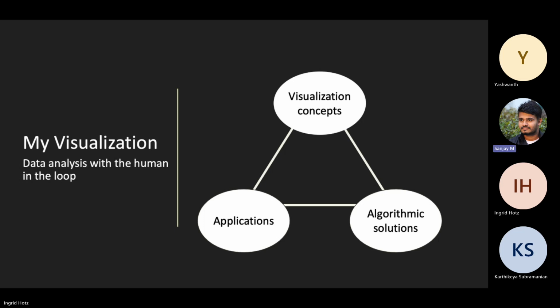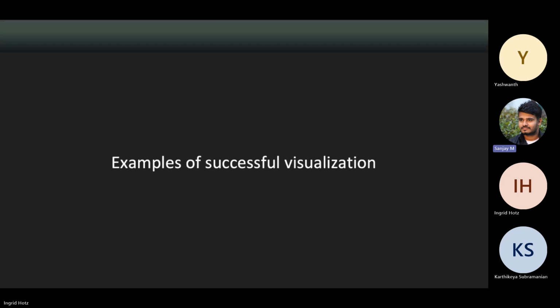Then most of the time we spend developing algorithms to find efficient, reliable, and robust implementations of what we develop in these concepts. What I will talk about today is only visualization concepts. We will not talk about algorithms, and we will also not talk much about applications.